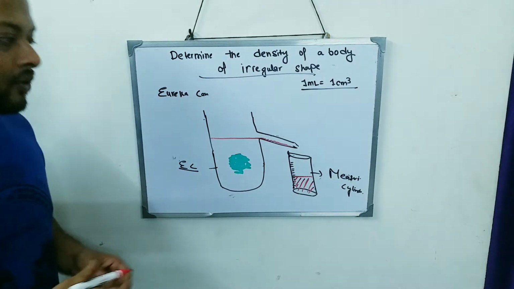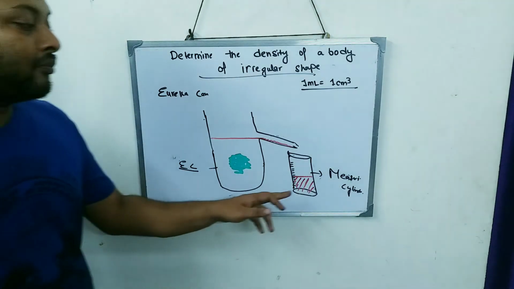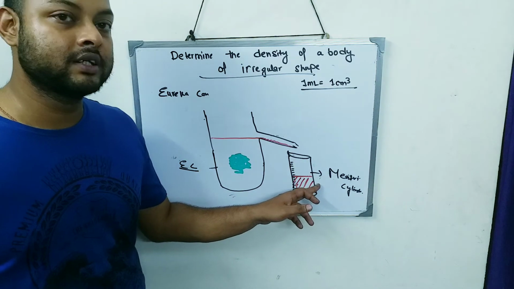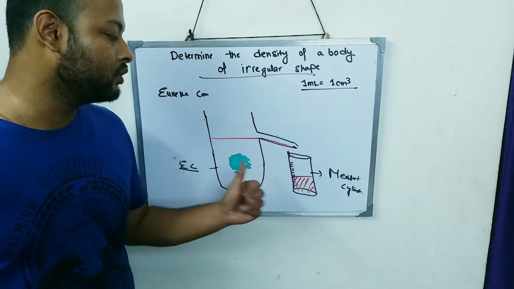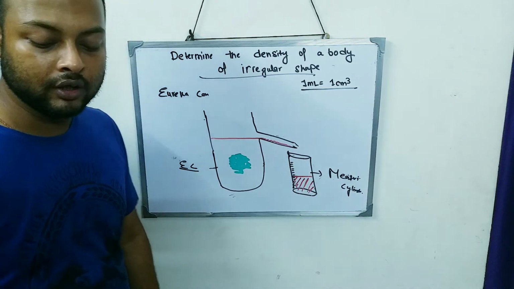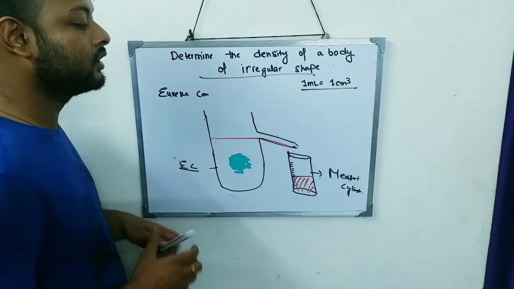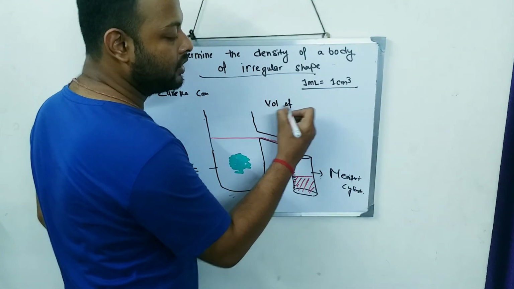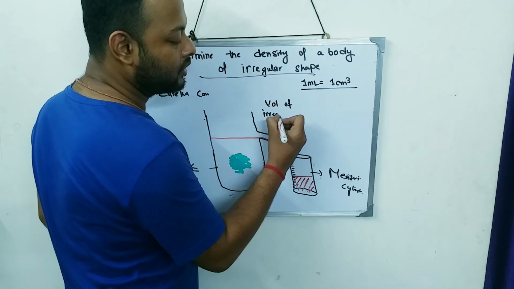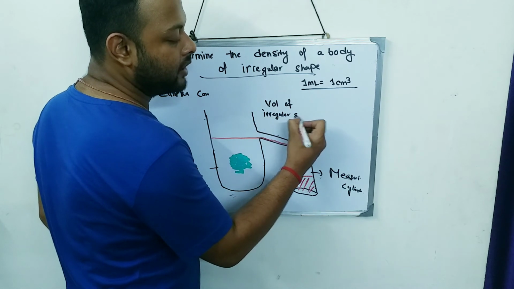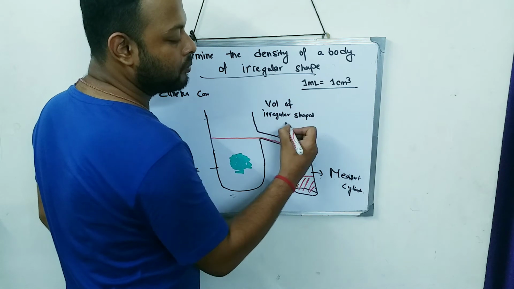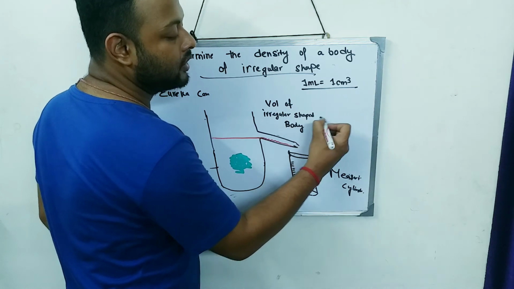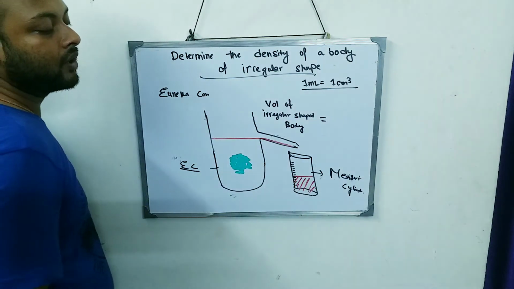So from here, what did you understand? The amount of water inside the measuring cylinder is equal to the volume of the irregular shaped body. So the volume of the irregular shaped body is equal to the volume of the water in the measuring cylinder.